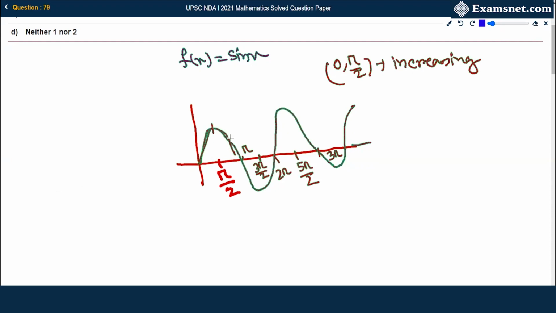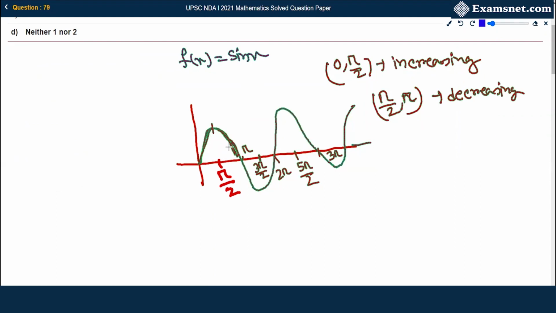Now for this part, from pi by 2 to pi, sin x is decreasing. Look at the graph. From pi by 2 to pi, it's decreasing. Correct?